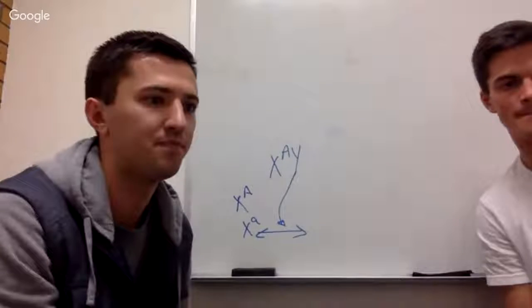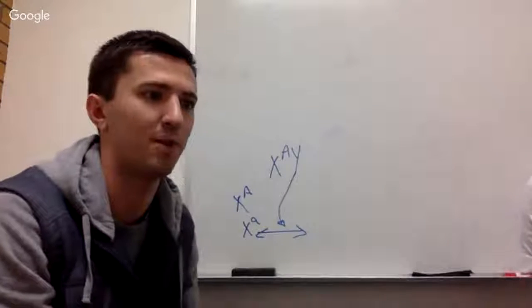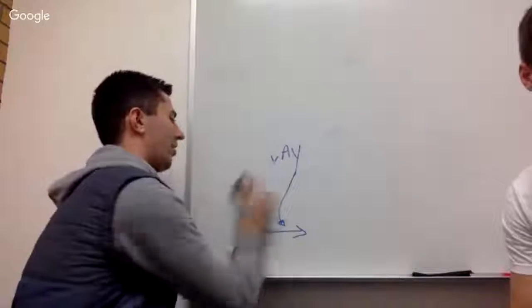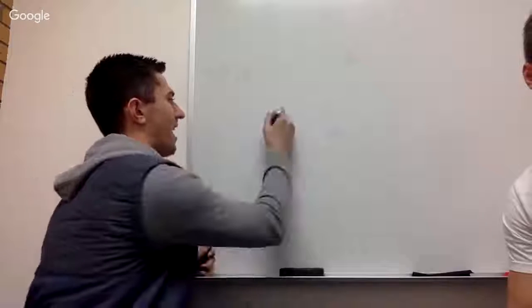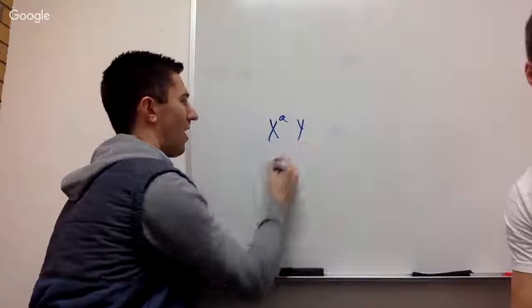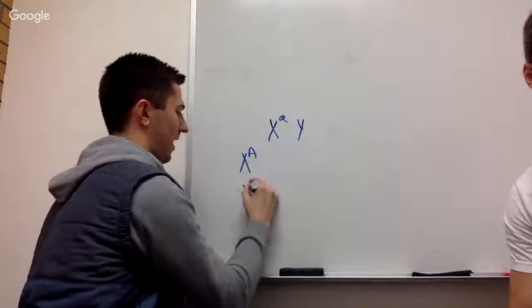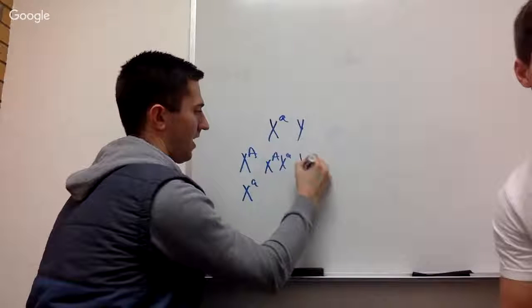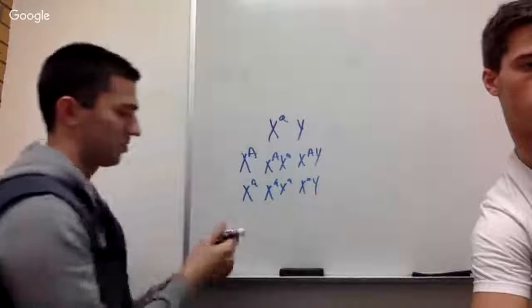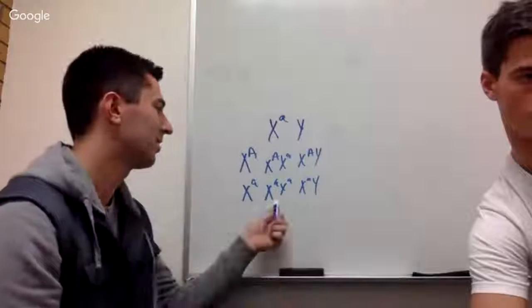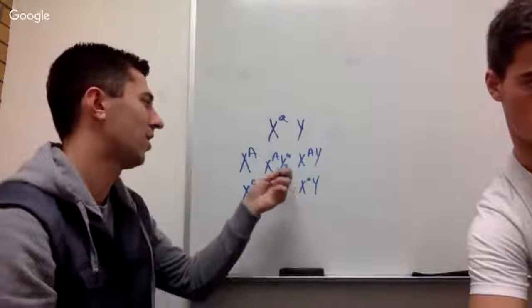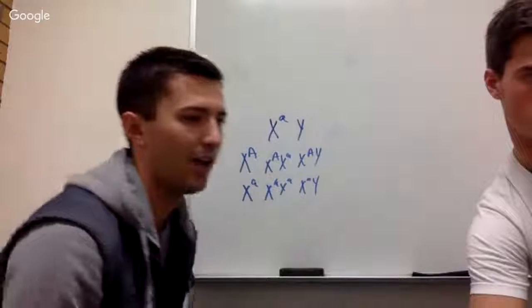And then for D, it says consider the cross described in part C. What are the expected genotypes and phenotypes of the offspring? So we'll just do that cross really fast. He has OTD, so he's X little a Y, and she's X big A X little a. We get X A X a, X A Y, X a X a, X a Y. So basically, we're going to get 2 males and 2 females, and in each sex one will have the disease and one won't.